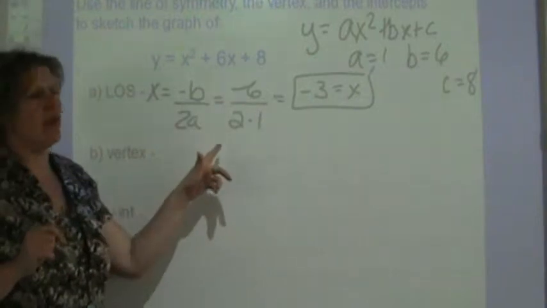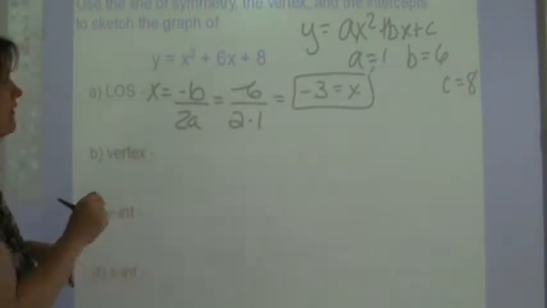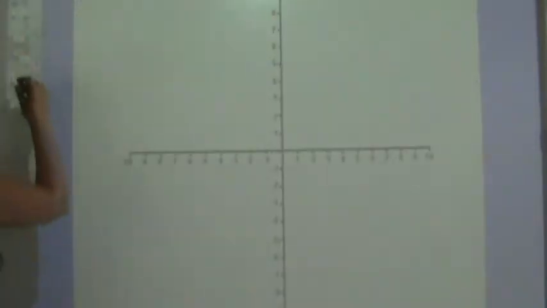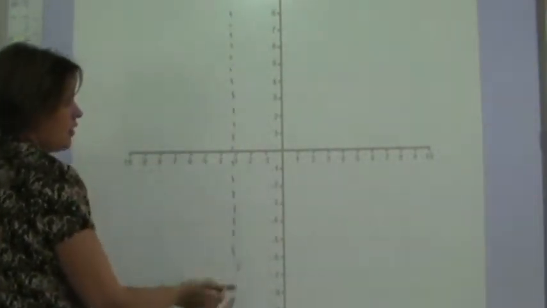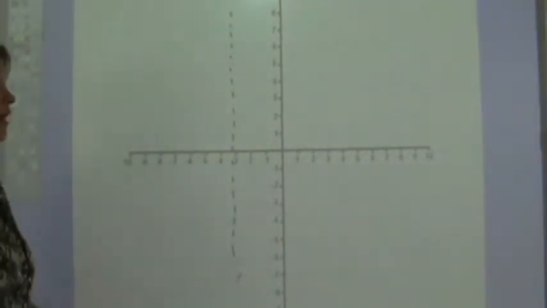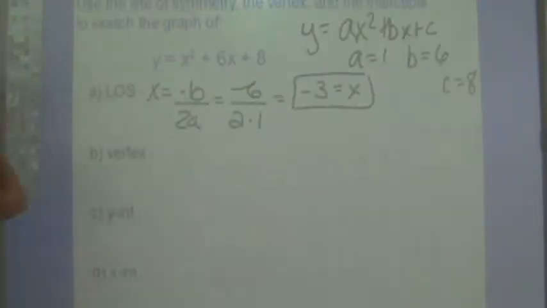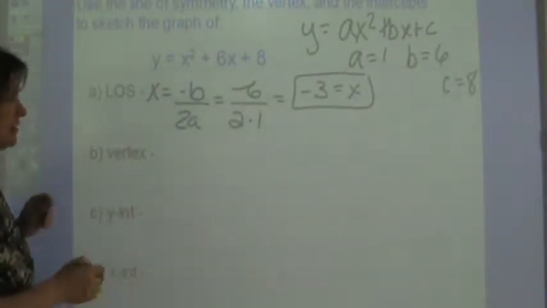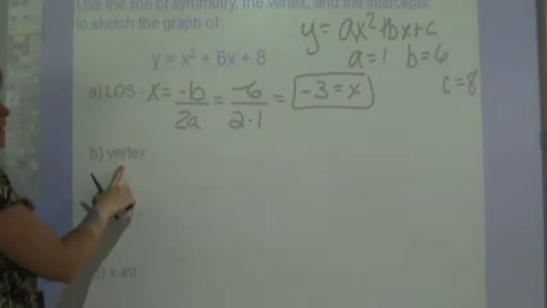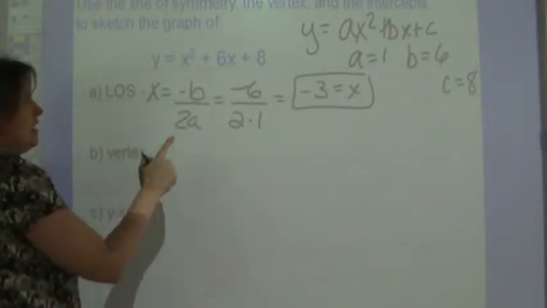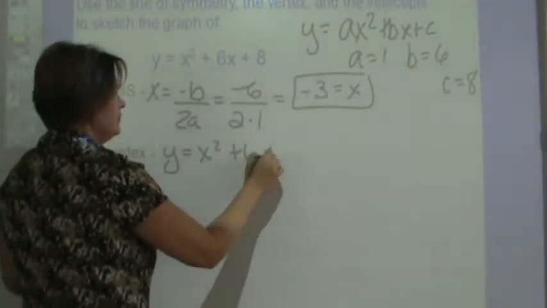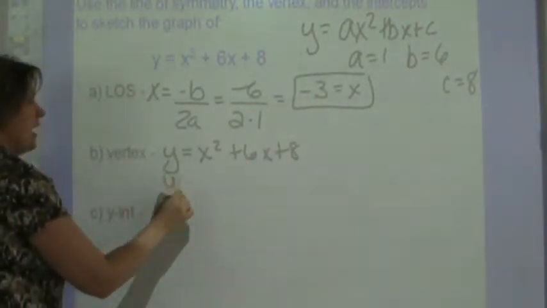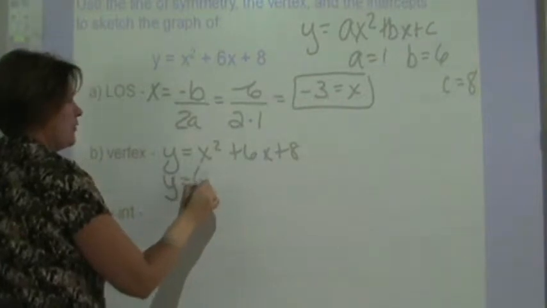Alright, difference from before is now we're actually going to graph it. So x equals negative 3, that means our line of symmetry is right here. Our parabola folds on that line, and our vertex is somewhere on that line. If you remember how to do the vertex, we take the original equation, and wherever there's an x, we're going to replace it with negative 3.